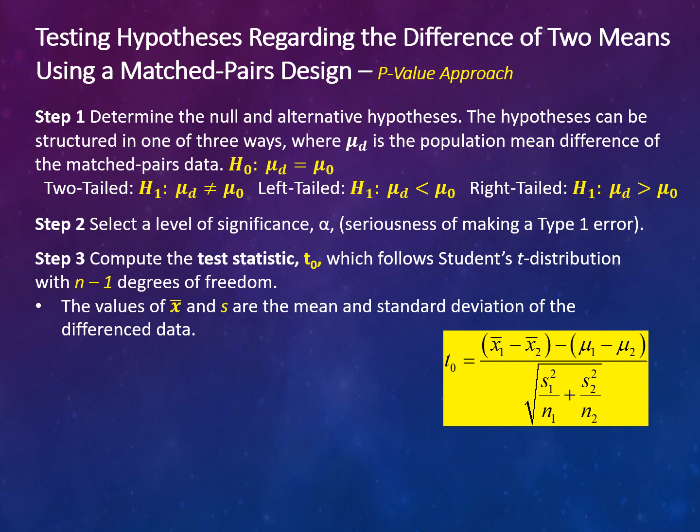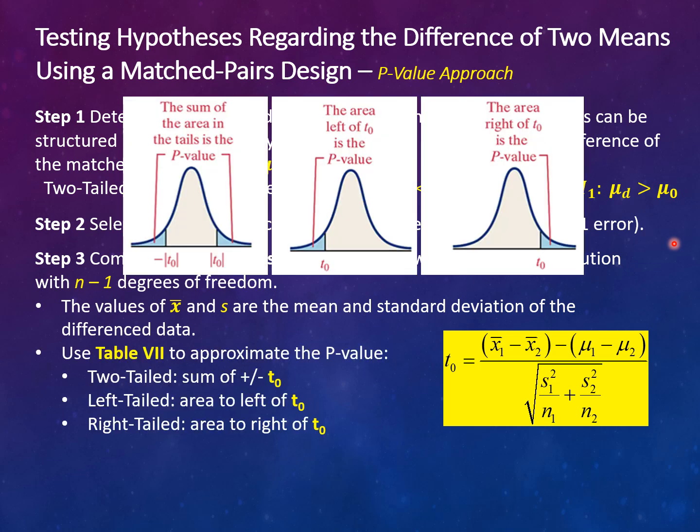If we're looking at the p-value approach, the first 3 steps, at least through the middle of step 3, are the same as for the classical approach. The calculation of the test statistic is the same, but the difference is now we're going to use table 7 to approximate the p-value.